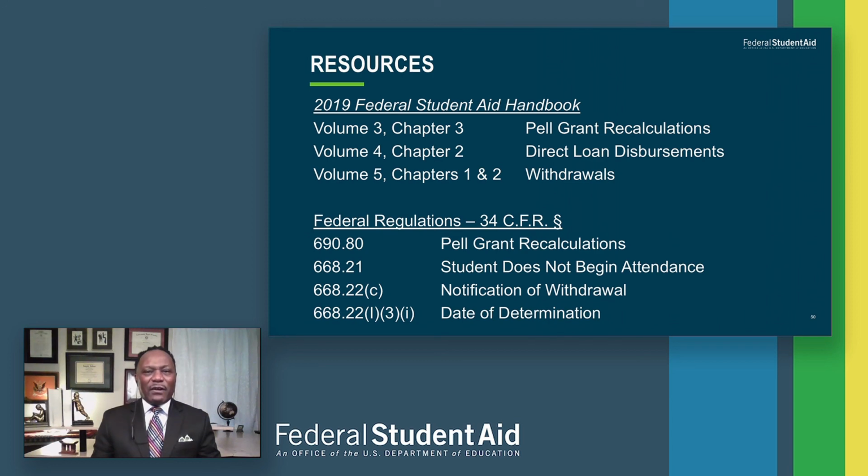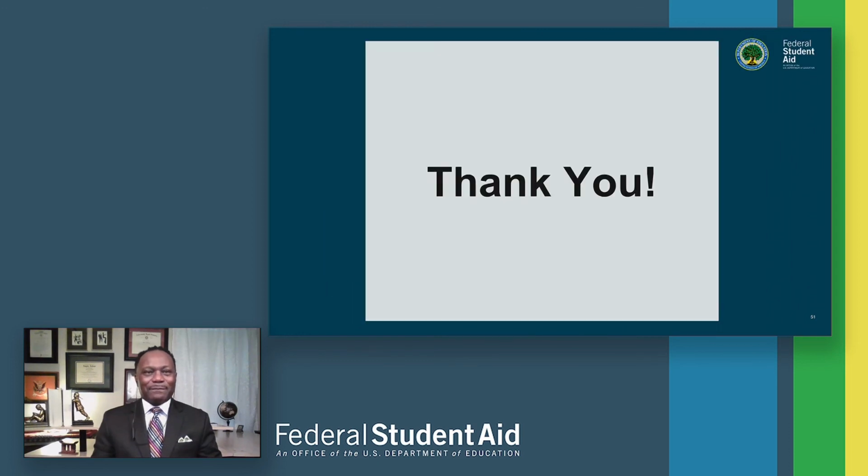Please note the very specific volume and chapters in the FSA Handbook for each topic will allow you to glean more specific information. Don't forget to review the distance education final regulation because it may impact return to Title IV recalculation for modules. Again, the new regulation will be discussed in another session during this conference.